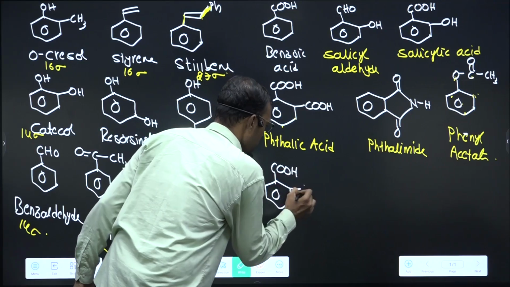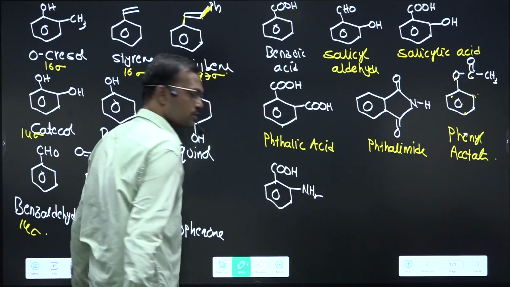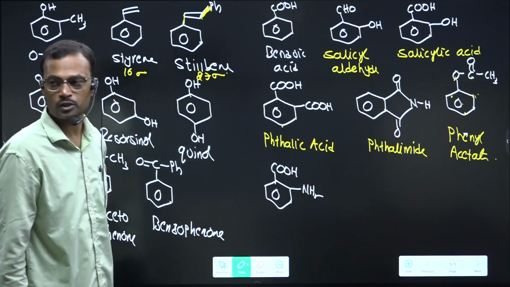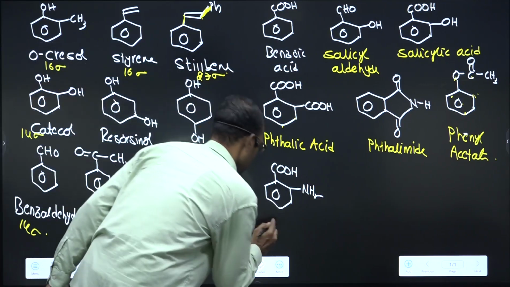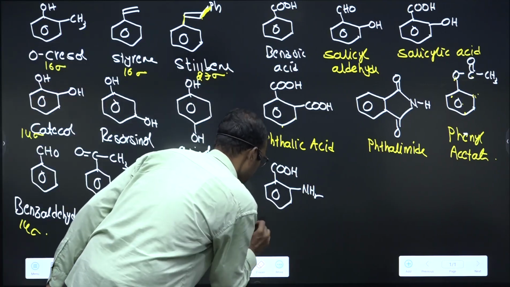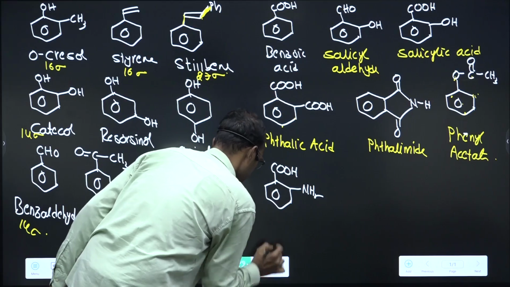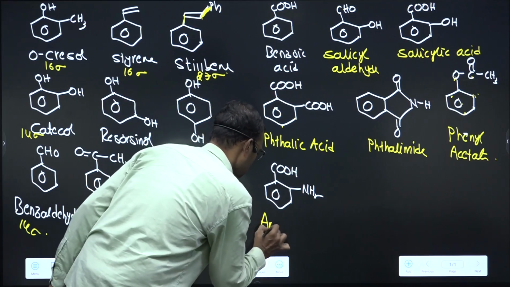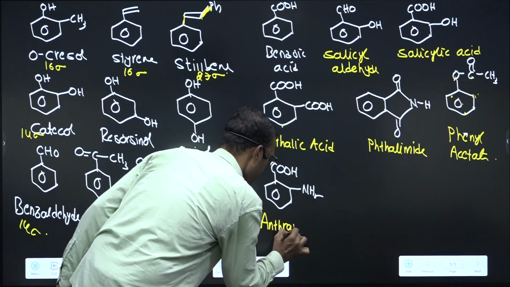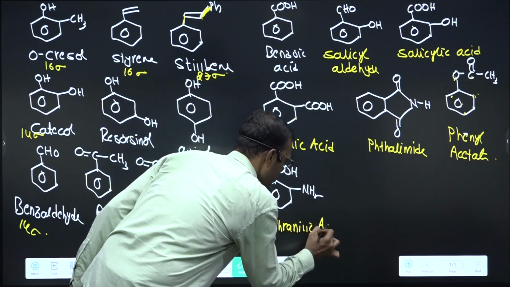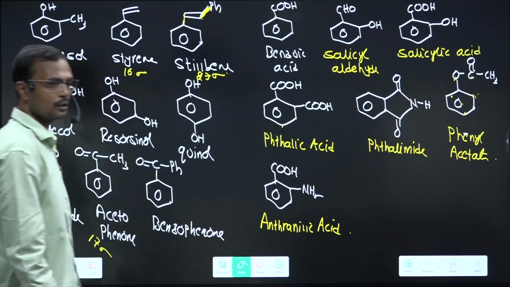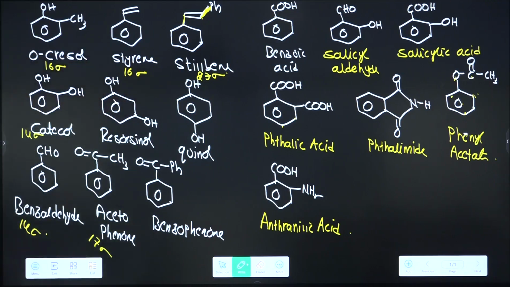So this is one famous molecule used to prepare benzene. What is this? Ortho-aminobenzoic acid is called anthranilic acid. Ortho-aminobenzoic acid on treatment with nitrous acid, you will get the corresponding benzene, a decarboxylation reaction.